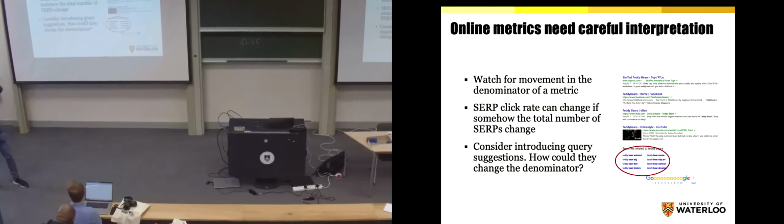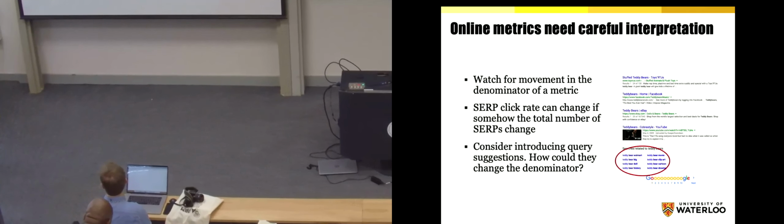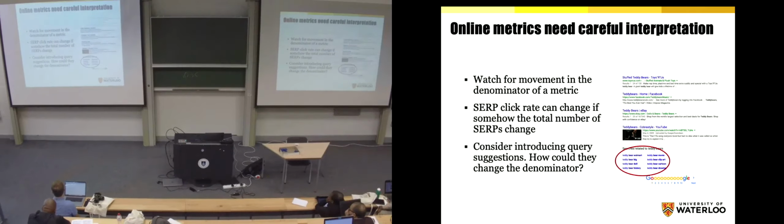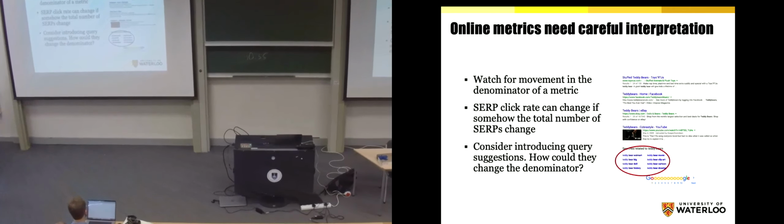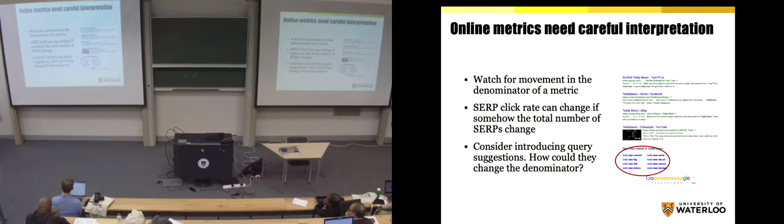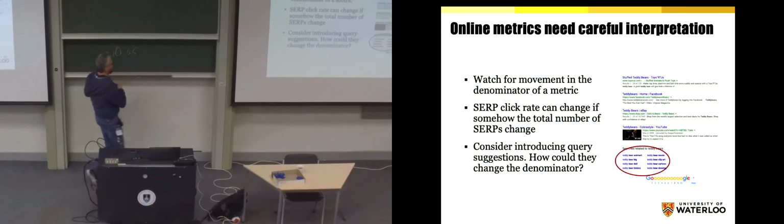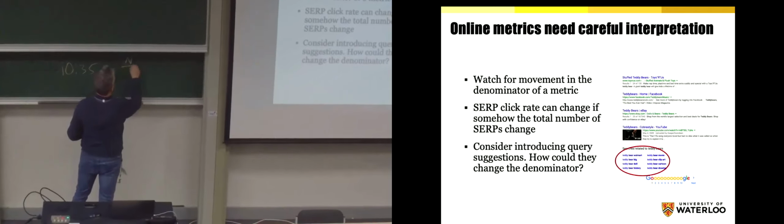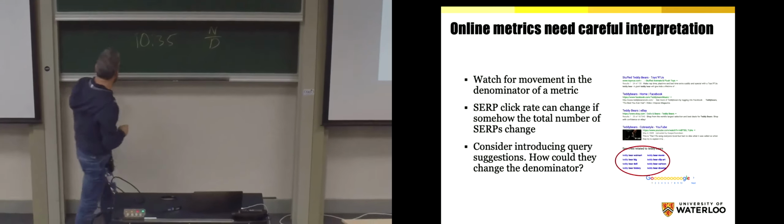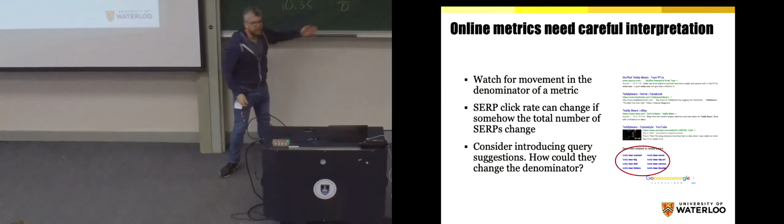Because let's pretend I made a really great improvement to the search engine. So people use it more often, but they use it for harder things. So you've made it work really, really well. The metric is the number of clicks over the number of searches, a numerator over a denominator.